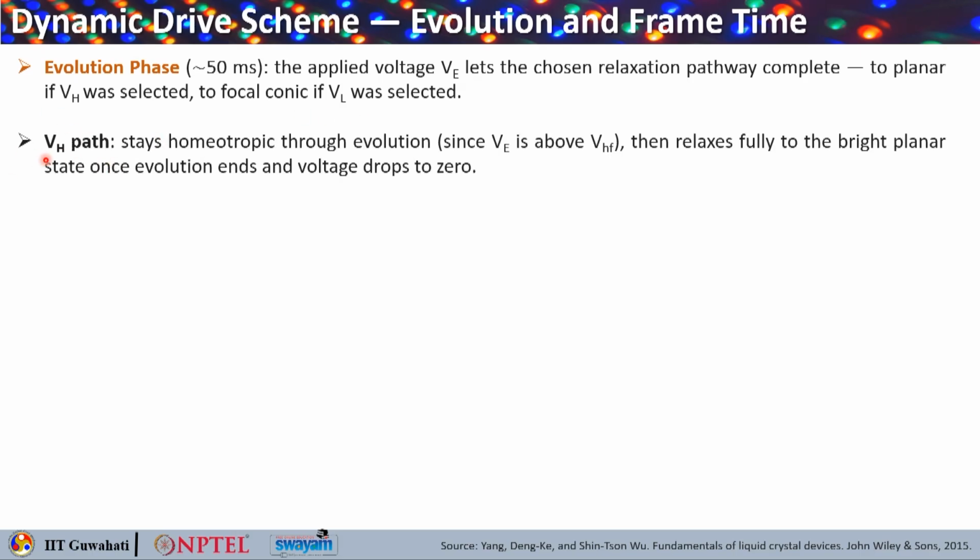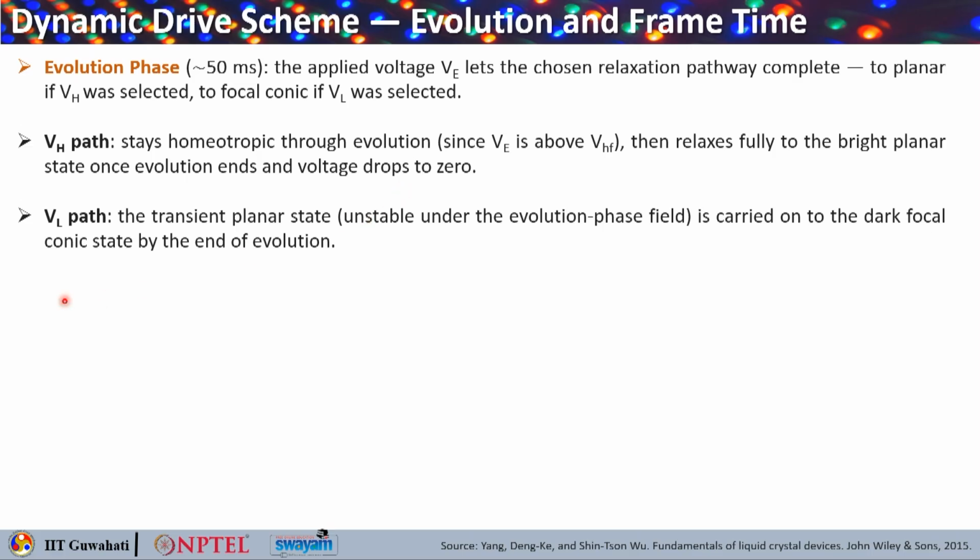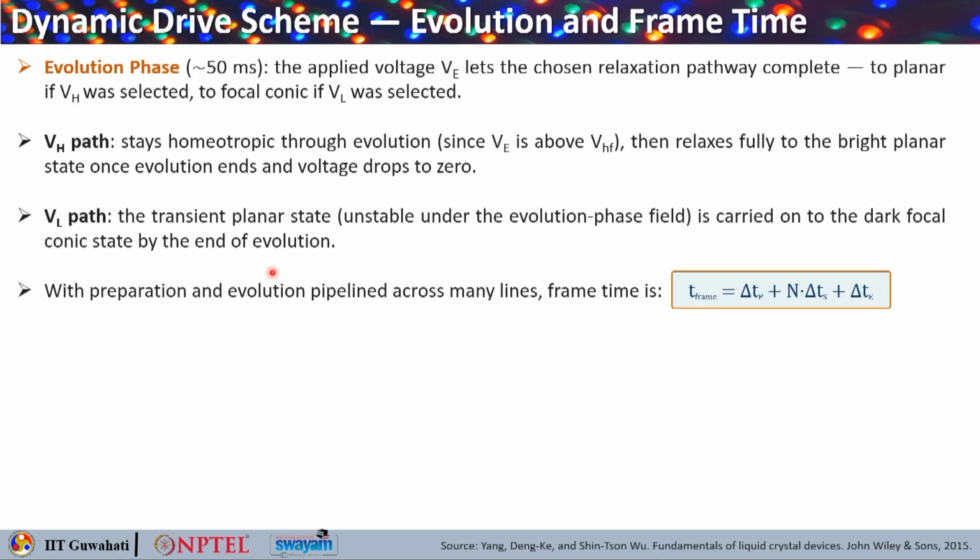If you consider the VH path, it stays homeotropic through evolution, since your VE is above the VHF voltage, so it relaxes fully to the bright planar state once the evolution ends and the voltage drops to 0. If you consider the VL path, the transient planar state comes in between, that is the unstable phase under the evolution phase field, which is carried on to a dark focal conic state by the end of the evolution.